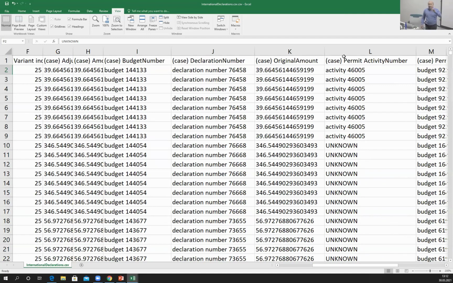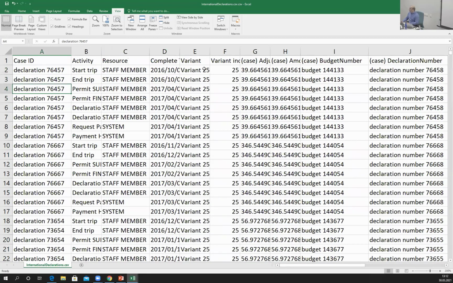So they fill in these declarations and they write all their expenses. The declaration goes through a number of steps, and that's why you have multiple events per declaration. So this is everything that happened to declaration number 7457. There are 6 steps. The trip was started.